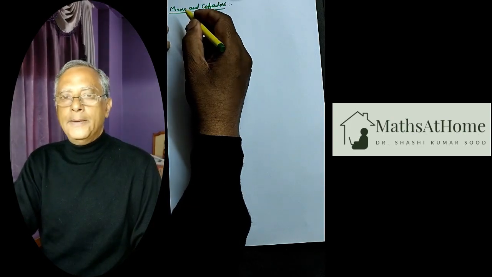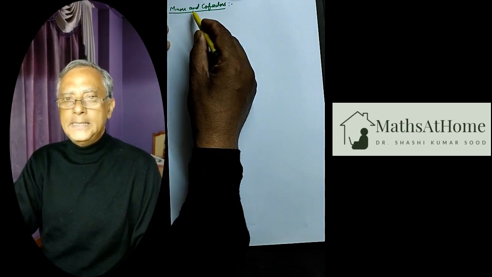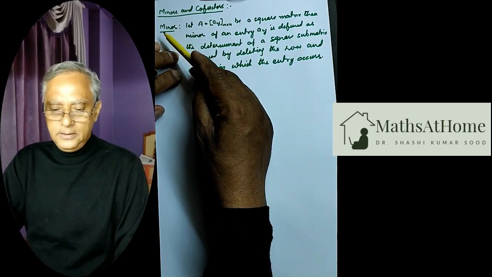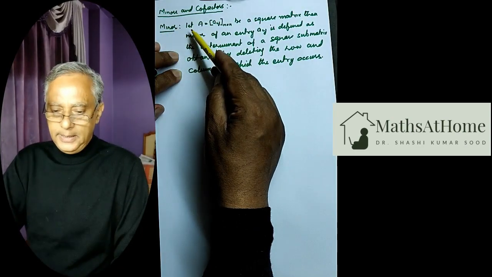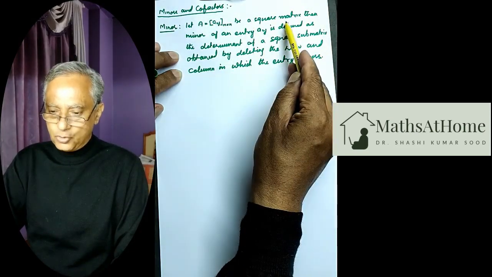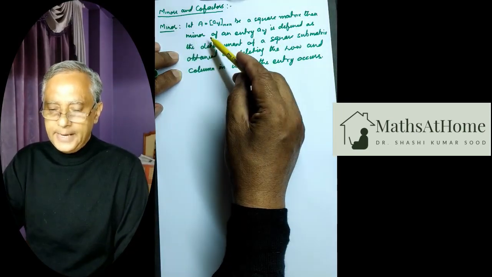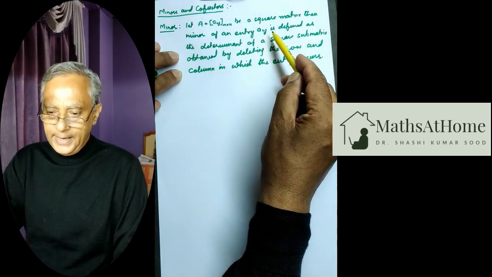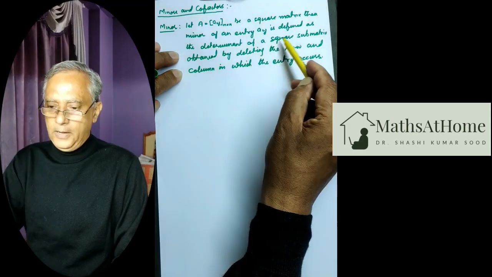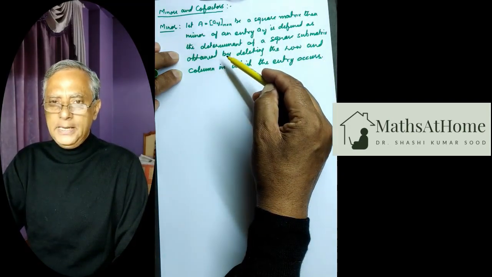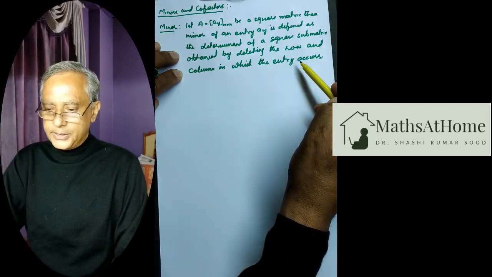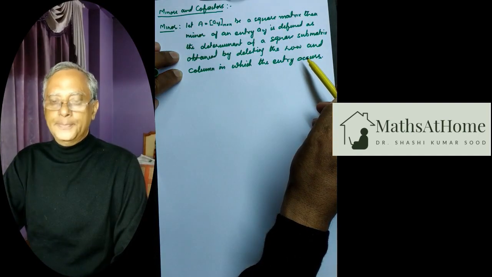The next topic I am going to take up is minors and cofactors. First of all, I will define minor. Let A equal to Aij, n cross n, be a square matrix. Then the minor of an entry Aij is defined as the determinant of a square submatrix obtained by deleting the row and column in which the entry occurs.